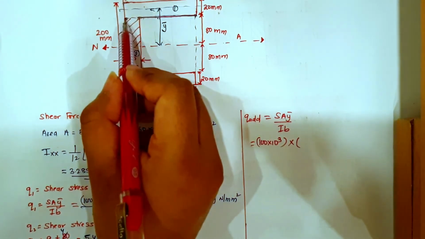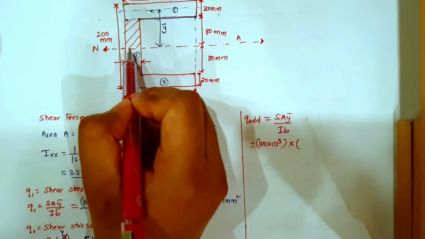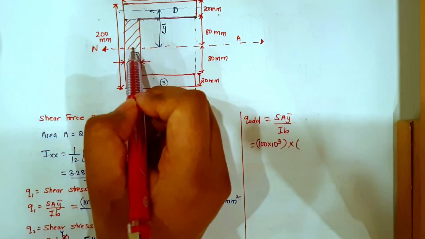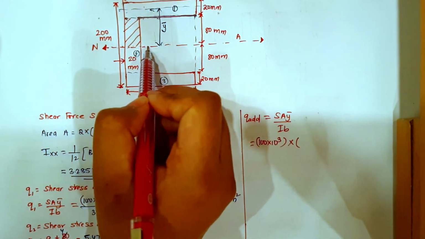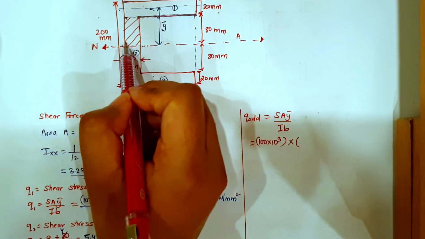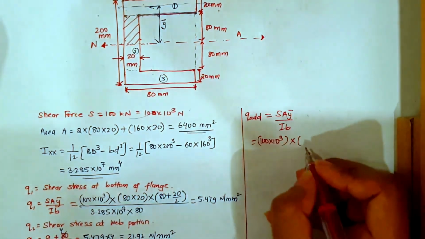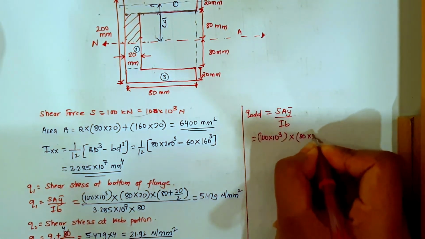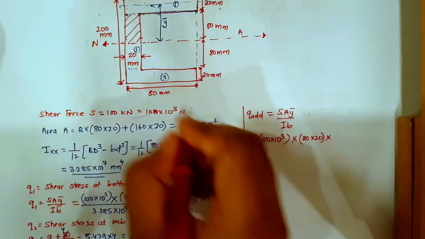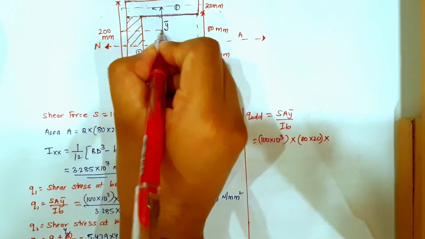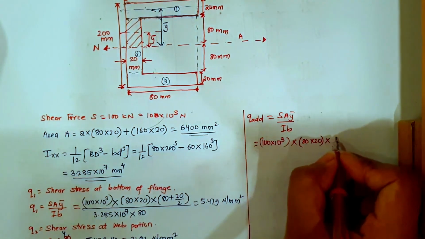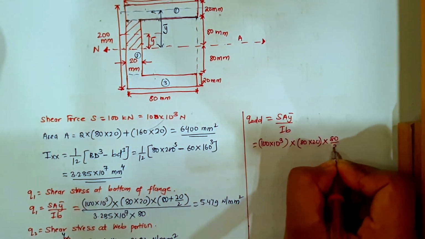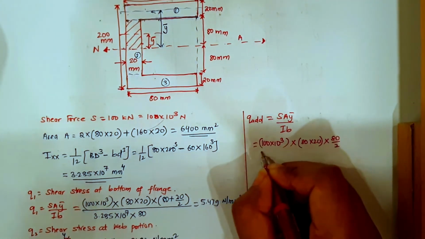So this is the web portion, right? सो इसका एरिया कितना आएंगे? This shaded portion here, area will be 80. Depth from here to here is 80 into thickness is 20. So we have 80 into 20 into y bar. Now half of this section itna ka y bar. So it will be 80 divided by 2, which is 40.